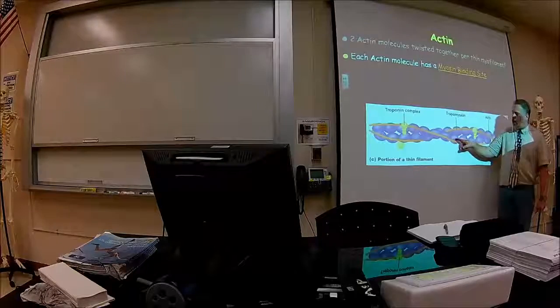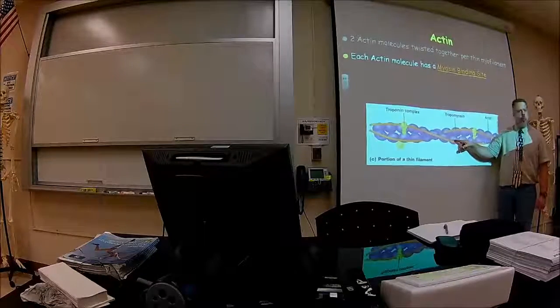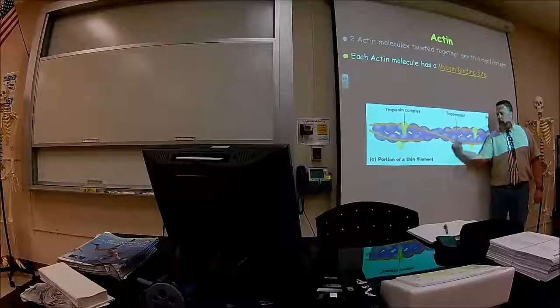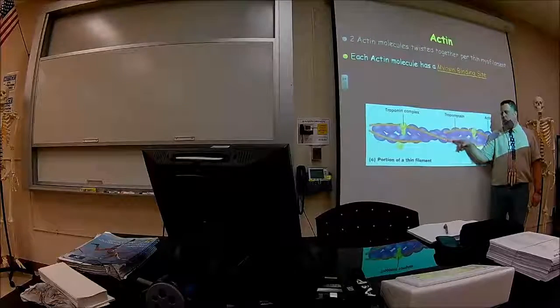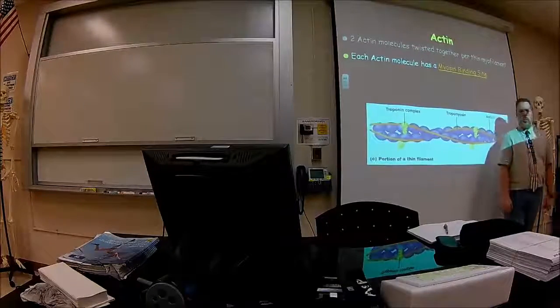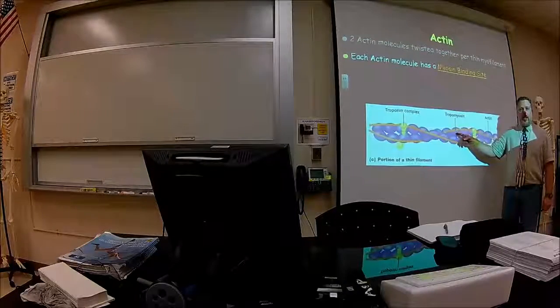So right now, if myosin is underneath here, it can't bind to that site because something's blocking it. This orange thing is called tropomyosin. Tropomyosin is blocking that spot.